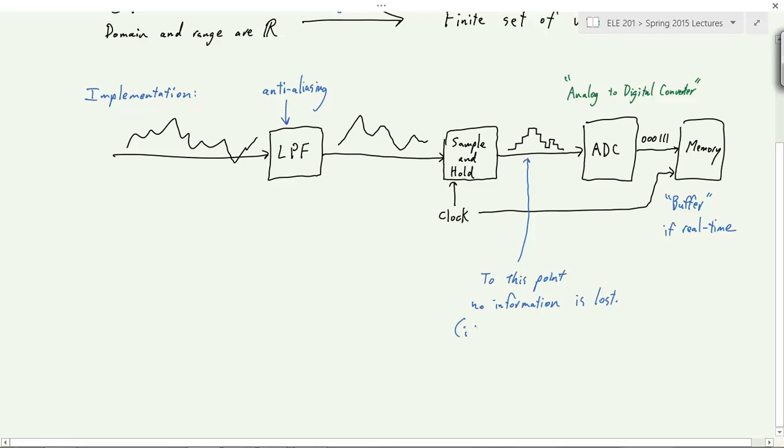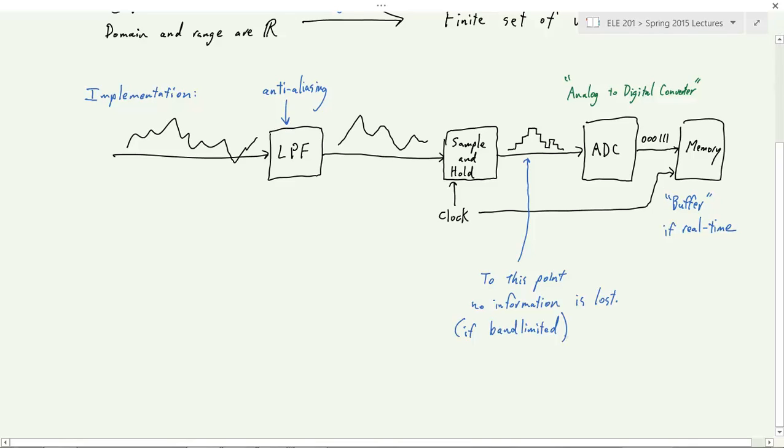Of course, if the anti-aliasing filter didn't do anything, you might lose something there because you're sampling at too low a rate. But let's assume that didn't happen. Then this sampling process, that was the whole point of the last couple of lectures, right? The sampling process doesn't lose information.